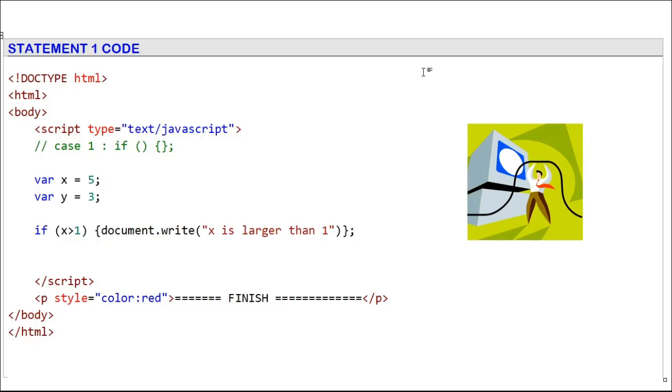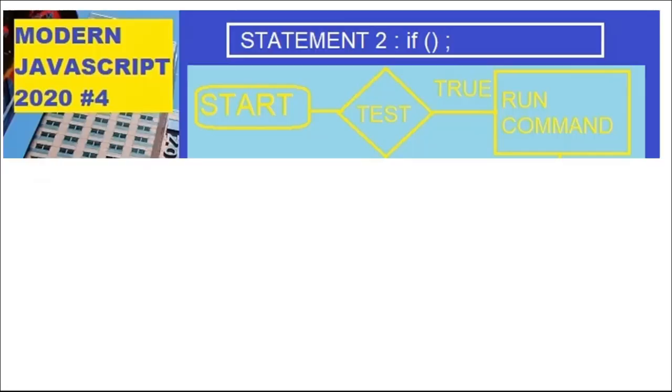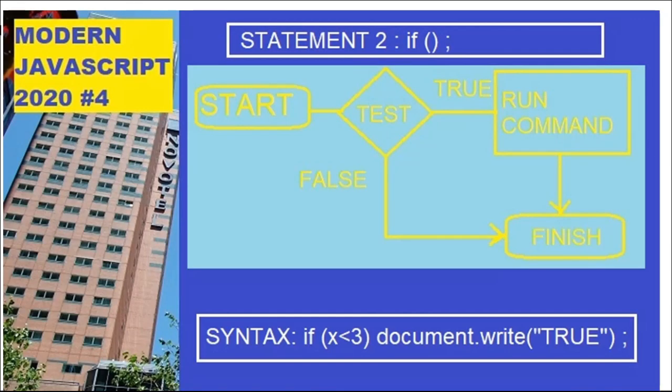Now if we go on to the next statement, statement 2 is very similar. It starts off with a start block, and then we do a test, and if the result is true we run the command and we finish that command.